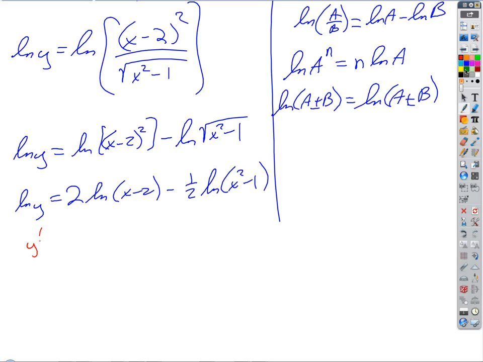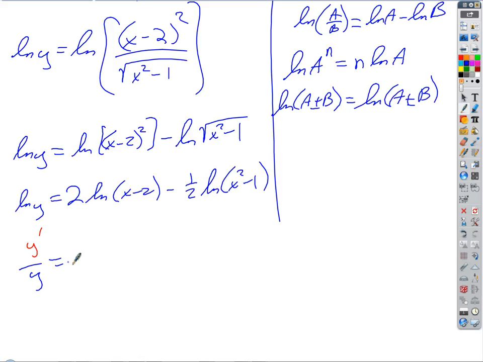Okay, so we end up with y prime over y equals, what's the derivative of the first term? The derivative of log x minus 2 is just 1 over x minus 2, right?